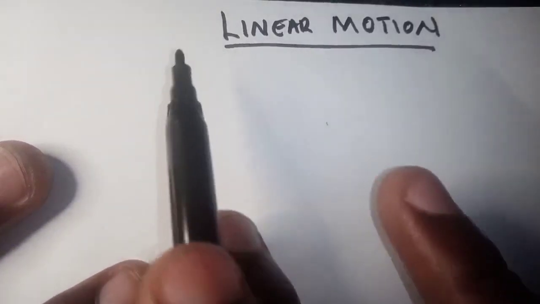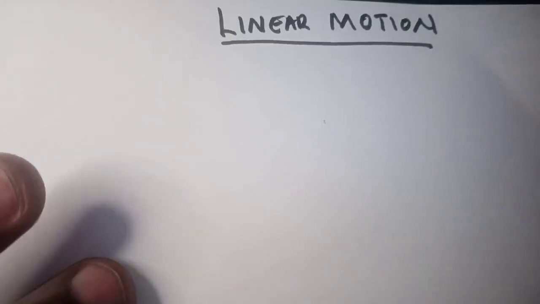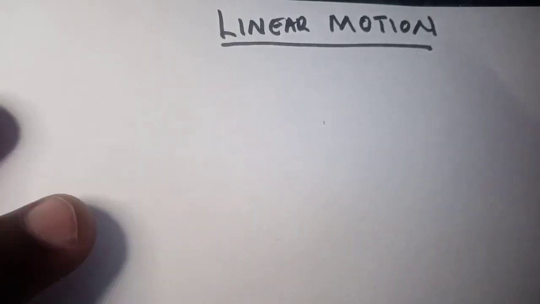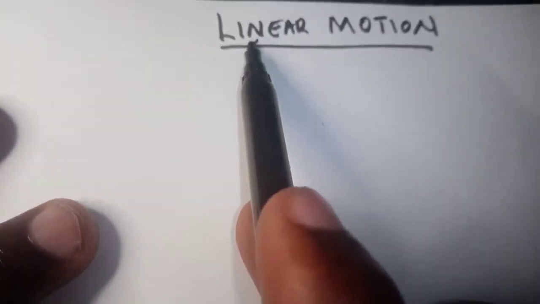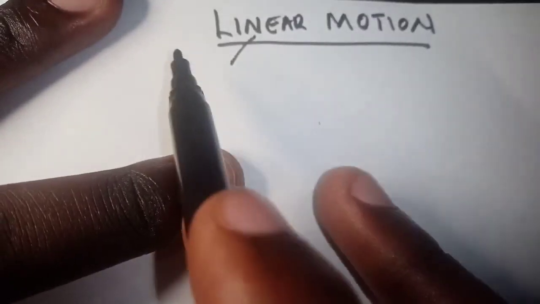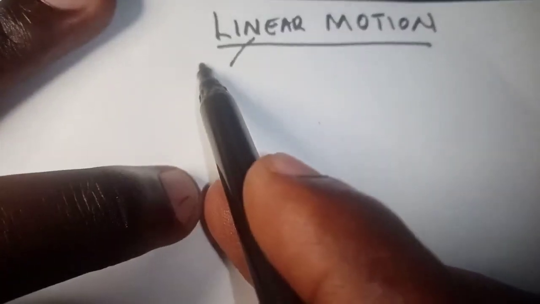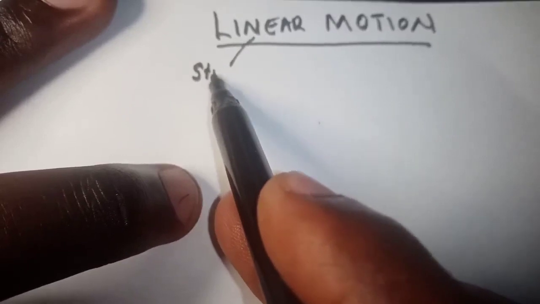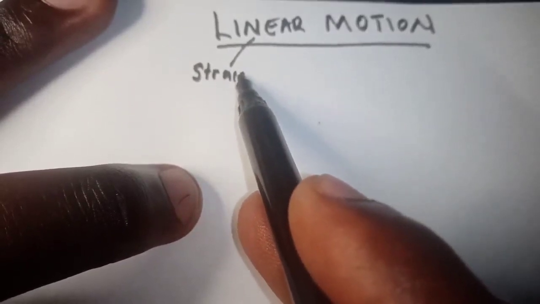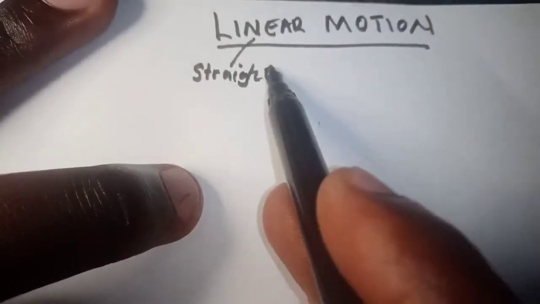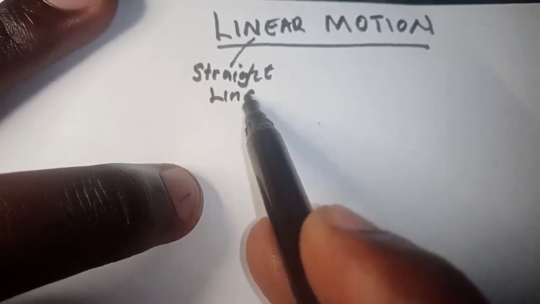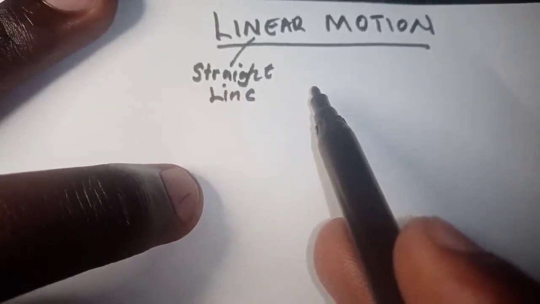So the word linear motion, what it simply means, we can break down the word linear. Linear refers to a straight line.